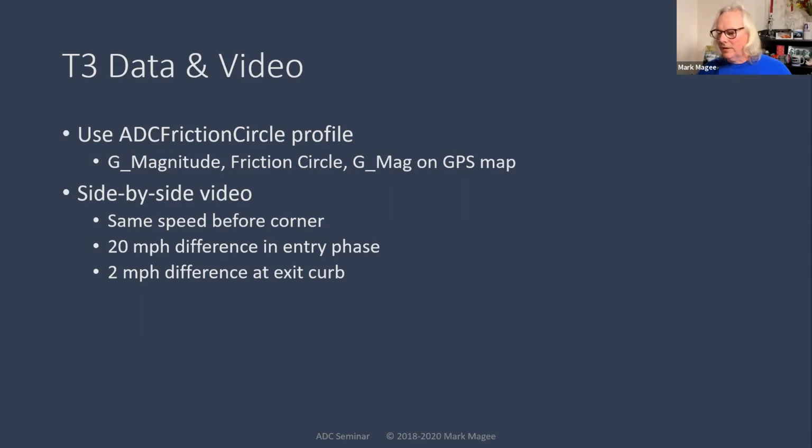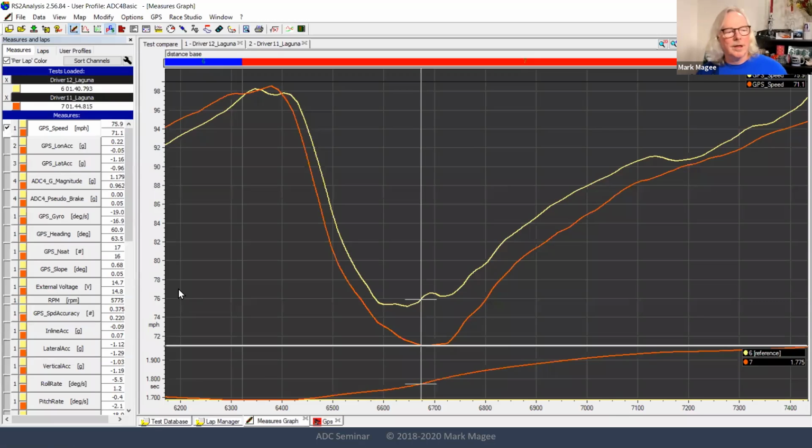And let's take a look at turn 3, the last corner. I'm going to get a little fancy with the analysis. So let's see if we can get through this quickly. I want to show the different ways to look. There's many different ways to look at it and sort out what's going on.